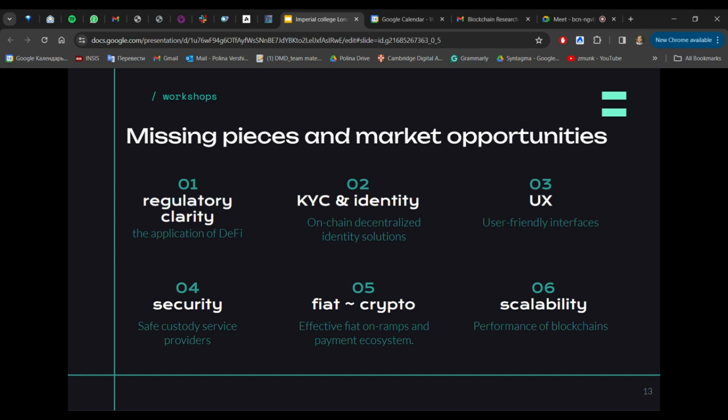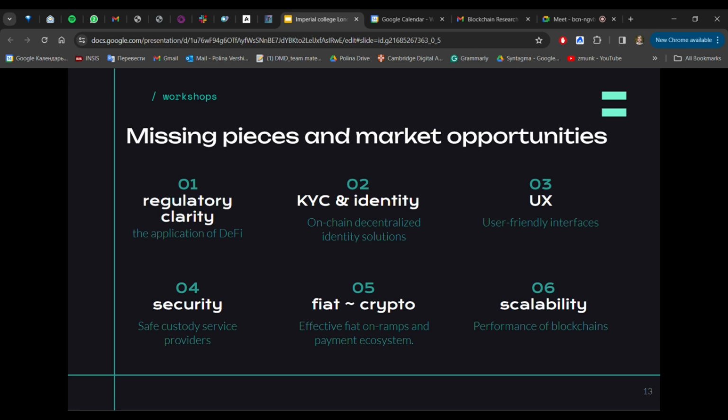Fiat and crypto conversion is always tricky, and again, there might be dependency on payment providers, and if they fail, or if they have any issues with DeFi, or it doesn't even have to be DeFi, it can be a centralized exchange like Coinbase or Binance, if they fail to provide the services, or there is regulation against that exchange, then the whole system collapses.